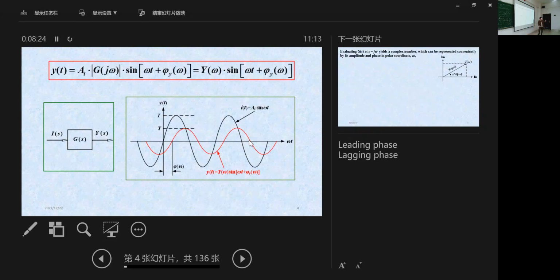So if you put a sine signal with frequency omega into the system, you will get an output in sine form with the same frequency. Clear? But what is the difference? The amplitude changes. The amplitude of the input signal is A, but now it becomes Y. The amplitude changes, and what else changes?